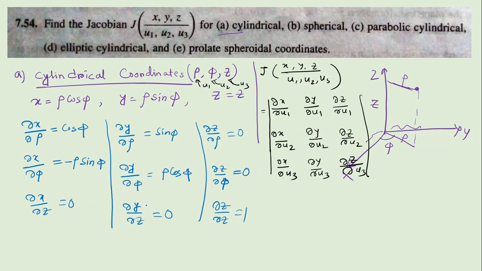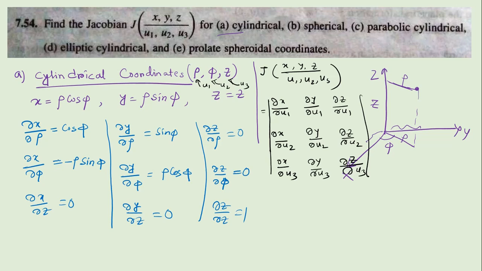Put these values in the Jacobian: J is the determinant with rows cos phi, minus rho sin phi, 0; sin phi, rho cos phi, 0; and 0, 0, 1.